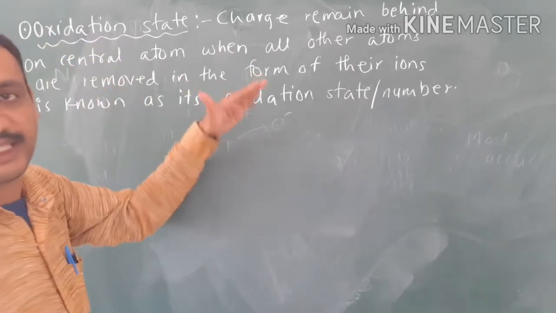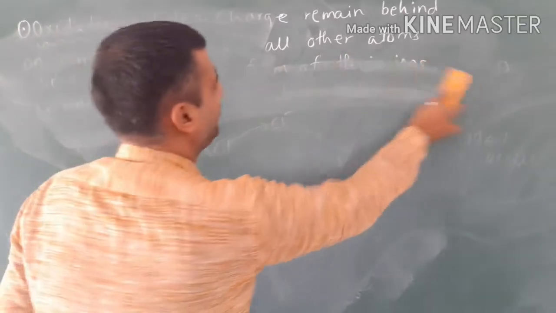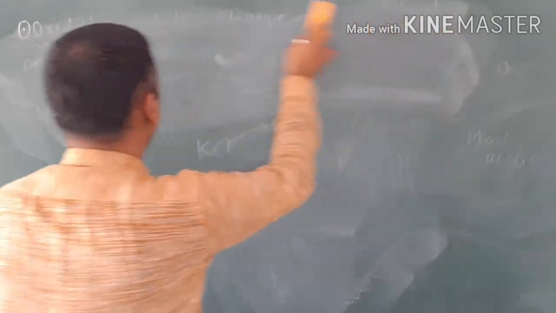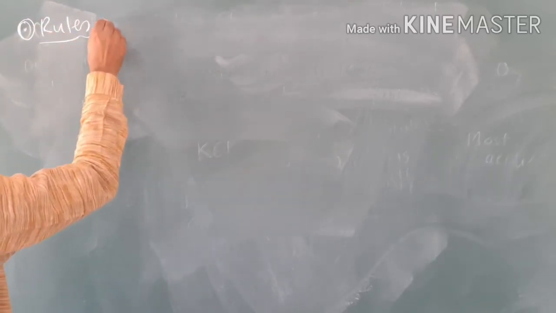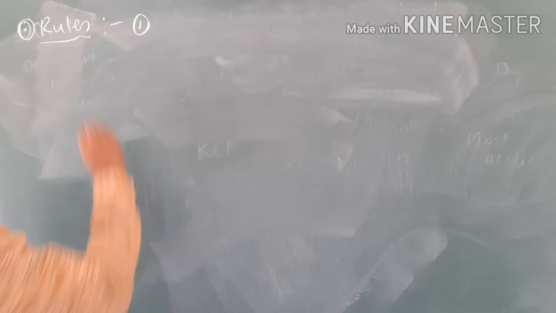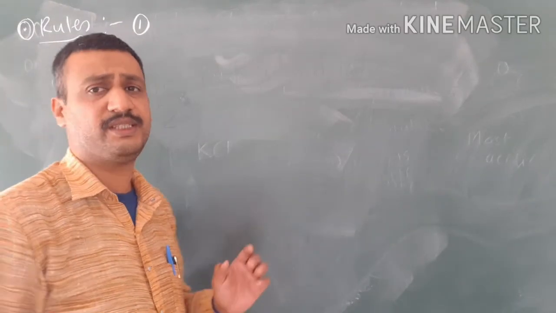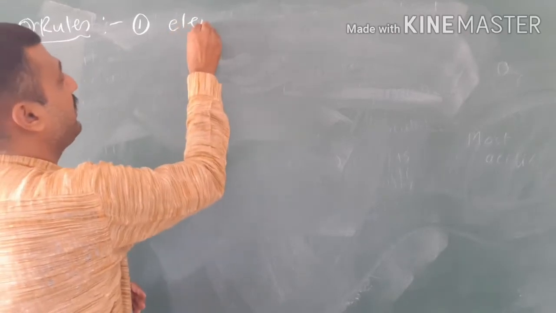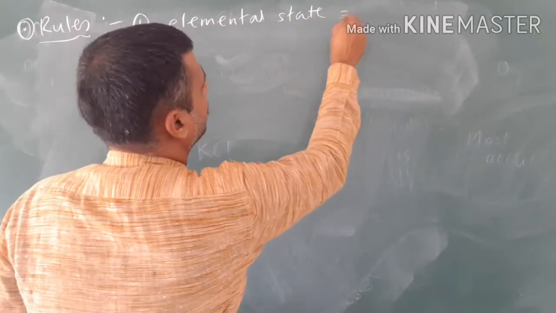This is the definition I wrote here and explained. Now the rules for determination of oxidation state. The first rule: the oxidation state of any species in its elemental state is 0.